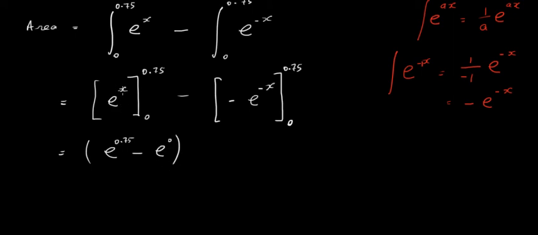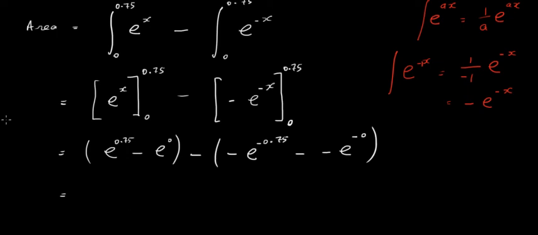Remember, e to the power of 0 is 1, so this is actually 1 here. So we are subtracting 1, not subtracting 0. Okay, so next we're going to do this bit here. We've got to put in the 0.75 first, so it's minus e to the power of minus 0.75, and then we've got to subtract minus e to the power of minus 0. So this is what we've got to work out.